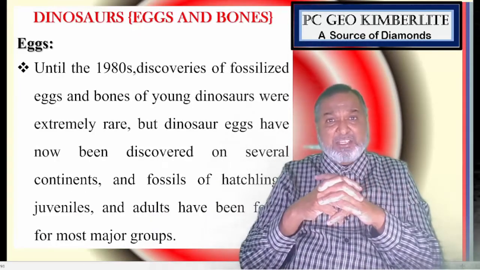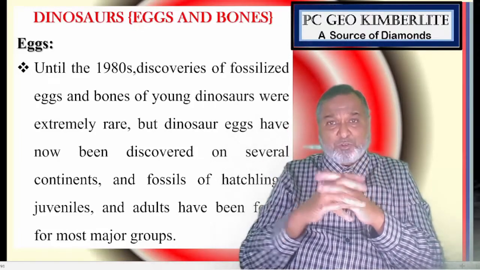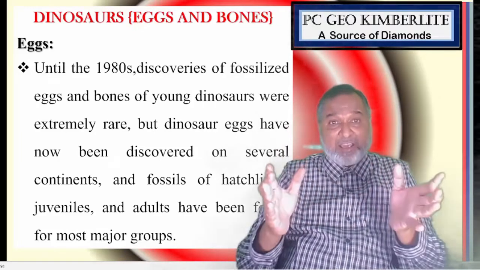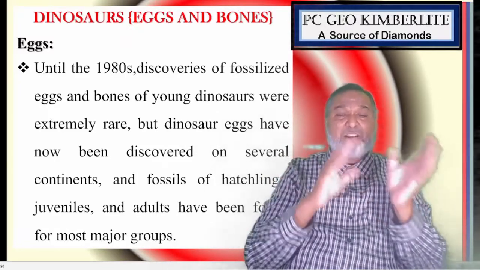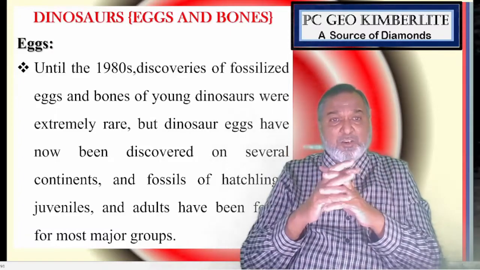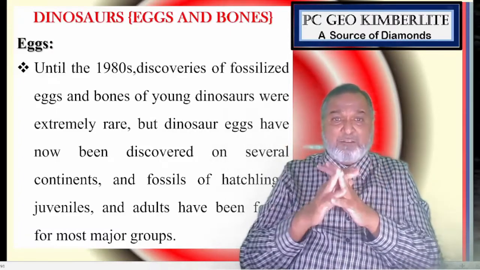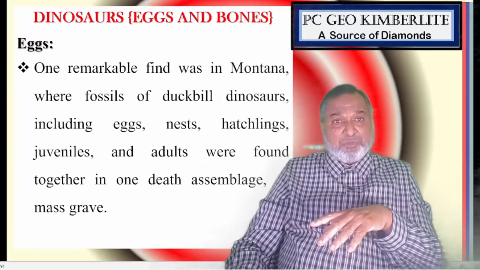Until the 1980s, discoveries of fossilized eggs and bones of young dinosaurs were extremely rare, but dinosaur eggs have now been discovered on several continents, and fossils of hatchling juveniles and adults have been found for most major groups.